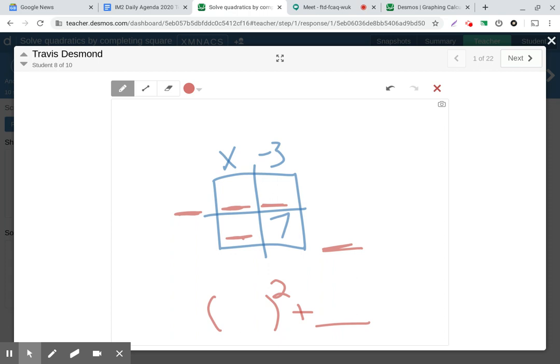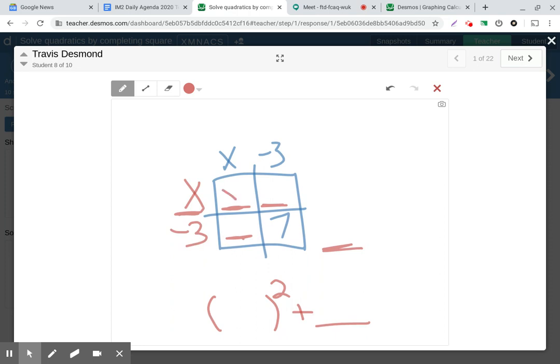Let's talk it through. If we know one of the twins is x minus 3, what's the other twin's name? Anybody? If you know one of the twins is x minus 3, what's the other twin? I mean, of course there's going to be a second x. Yeah, second x minus 3, right?